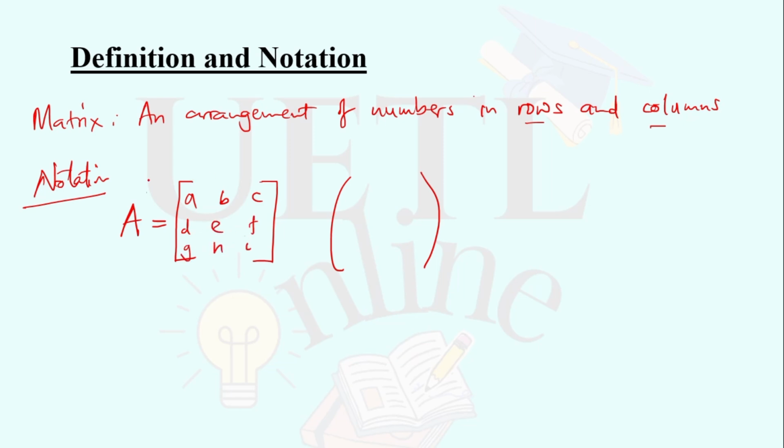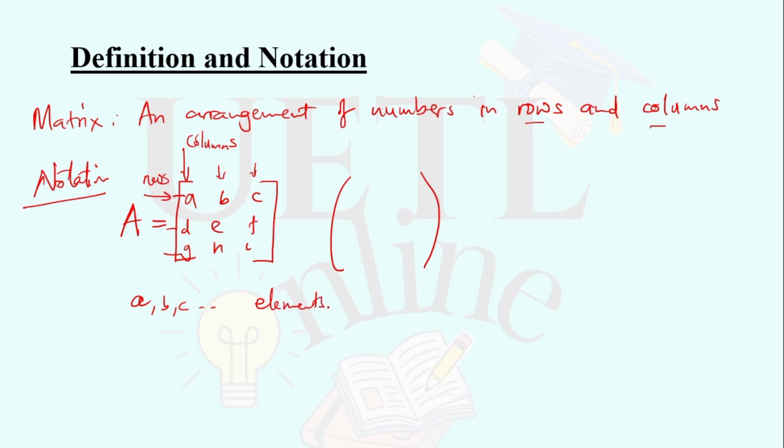In this case, you can see that these are what we call rows. Here we have 1, 2, 3 rows, and these are what we call columns. We have 1, 2, 3 columns as well. This is what we call matrix notation, and each element, like A, B, C, and so on until I, we call an element or entry of this matrix.